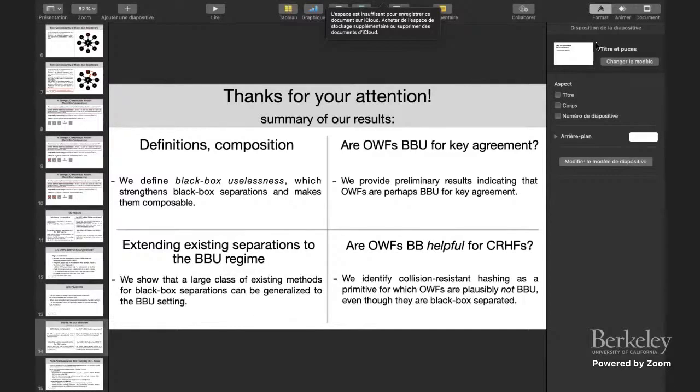That's non-black box, but each of them alone in a black box way does not give you that. So you should still think about it, but in a non-black box way. But if you have a bunch of primitives and you would like to get a black box construction of another primitive, then you can exclude from your set all black box useless primitives. They won't help you in any black box construction.